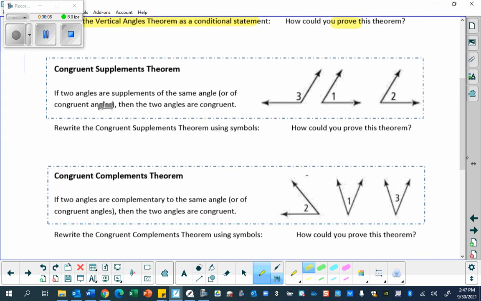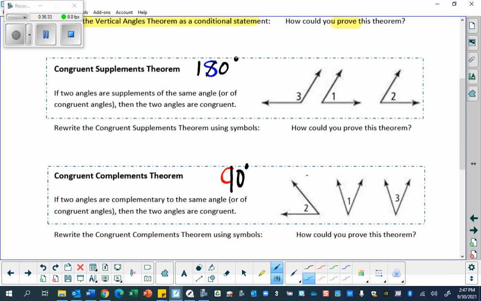The congruent supplements and complements theorems are interesting because they kind of go together. Of course, keeping in mind angles that are supplementary add up to 180 degrees, and angles that are complementary add up to 90 degrees.